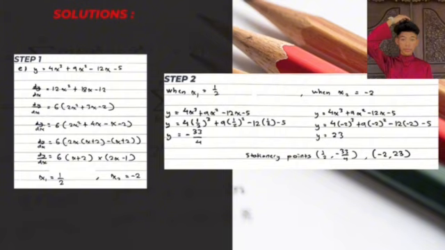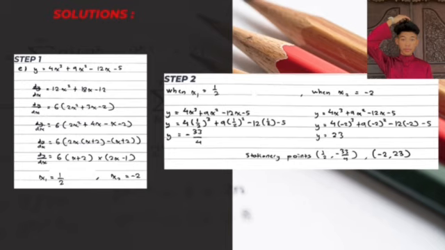Step 1. Find dy over dx. dy over dx equals 12x squared plus 18x minus 12. Then dy over dx equals 6 open bracket 2x squared plus 3x minus 2 close bracket. After that, dy over dx equals 6 open bracket 2x squared plus 4x minus x minus 2 close bracket.